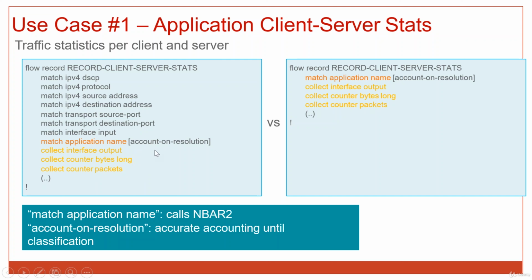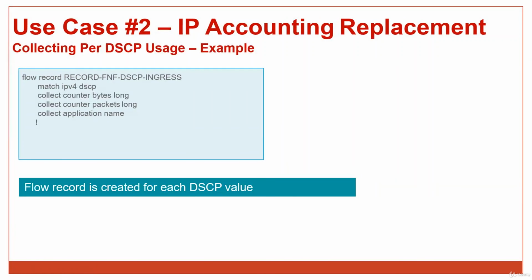So here the application name, we have the account on resolution. Again, this NBAR, it is showing the capability of NBAR, that is giving you the visibility for the application to check the application flow as well.